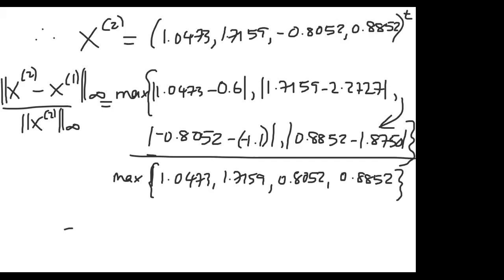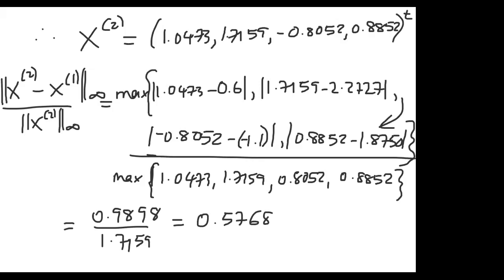In the numerator, if you use your calculator, you should be able to see that the maximum will be 0.9898, right? And then in the denominator, the maximum should be this value, 1.7159. If you evaluate this, it will give you 0.5768.